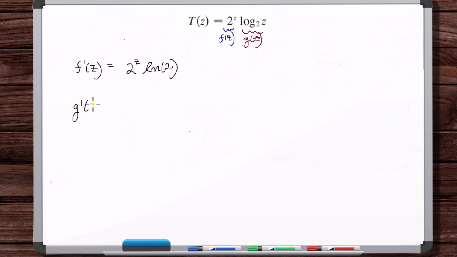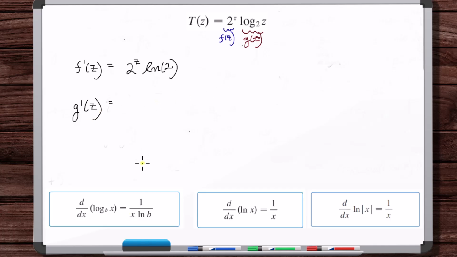G prime of z is, so it's 1 over z, and then natural log of 2. 1 over z natural log of 2.